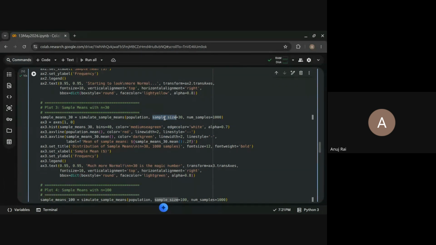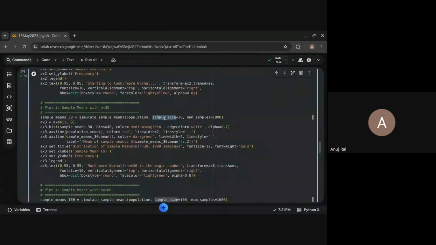Let me visualize it this way. Let's say you have to do a customer survey and you decide to conduct the survey 30 times, and in each survey you take 1000 people.